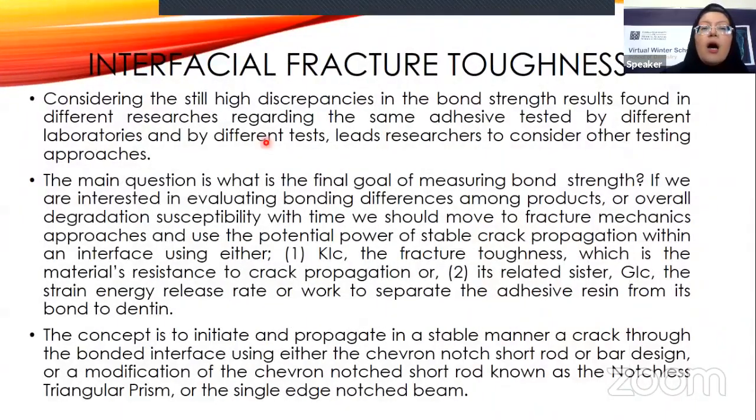But I myself now prefer to measure the bond stress of different adherents to each other using the interfacial fracture toughness test. The high discrepancies in bond stress results found in different research, for the same adhesive tested by different laboratories, different researchers and different tests, lead researchers to consider other testing approaches.